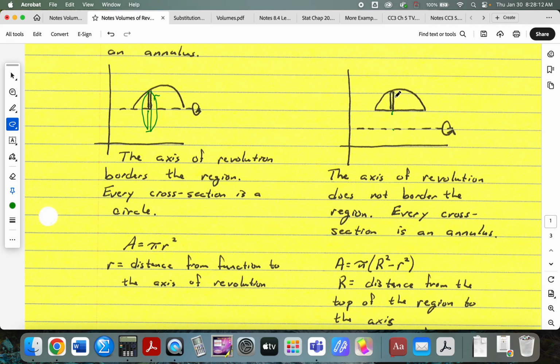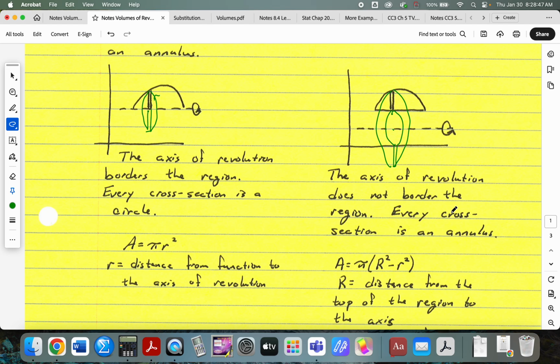When I spin this around, the other half is going to come all the way down here, and that's going to be the gap in the middle. And this will be the other part. So it sort of looks like a CD, or a Blu-ray disc, where there's a hole in the middle of it.